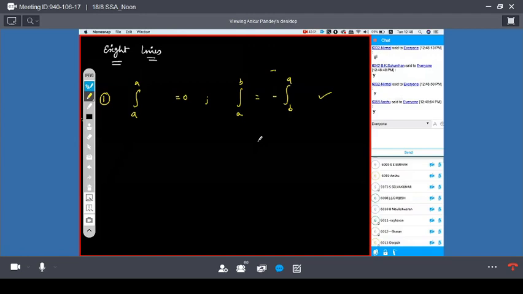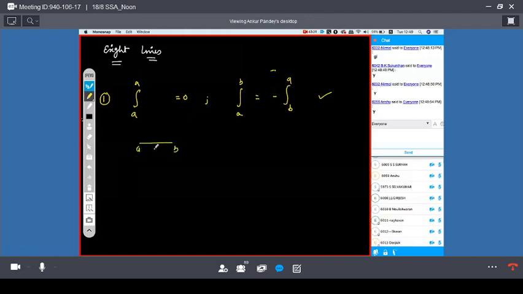Very fundamental scenario. Then comes, this is the first line. Clear? Simple question.